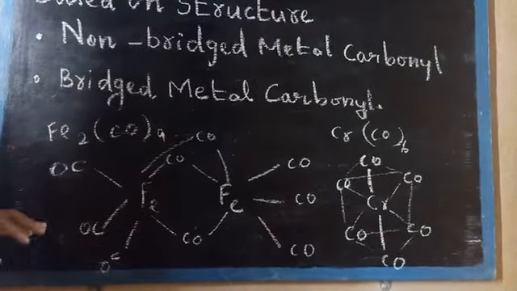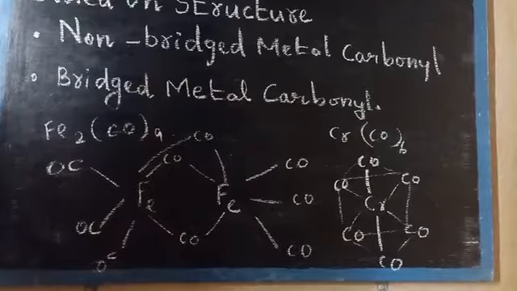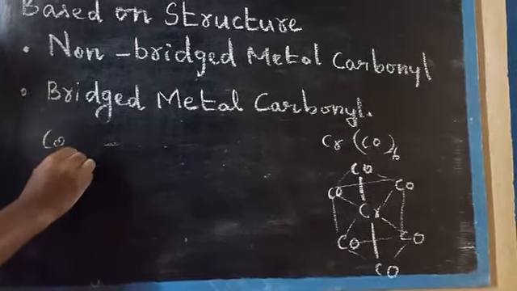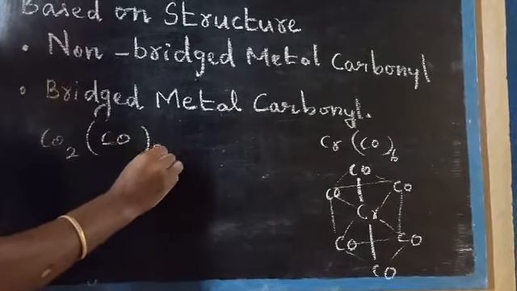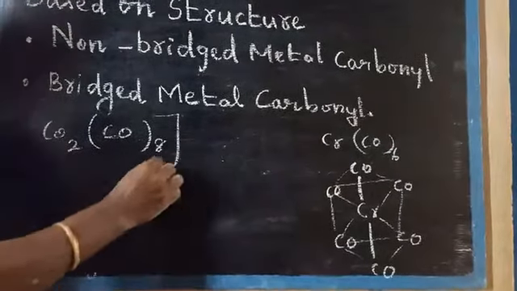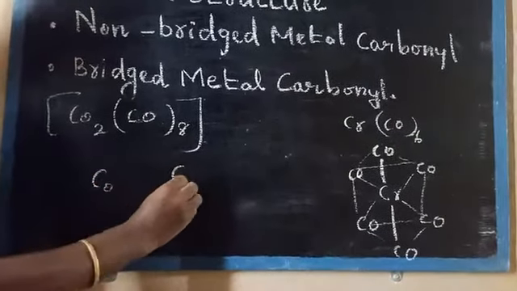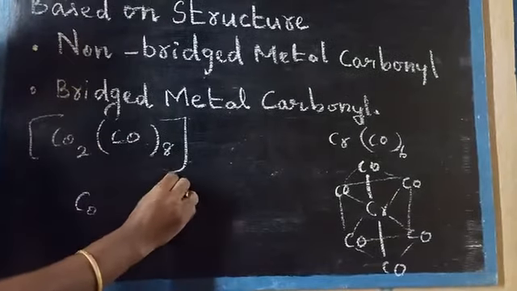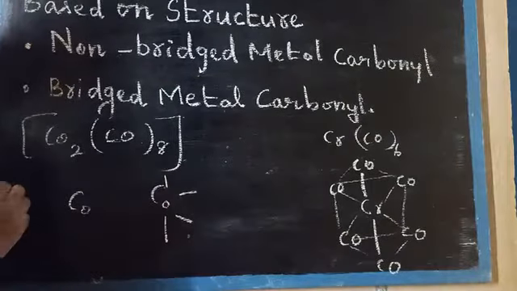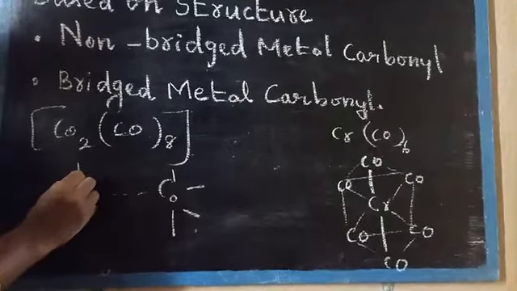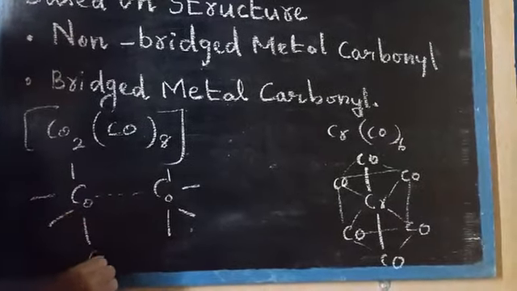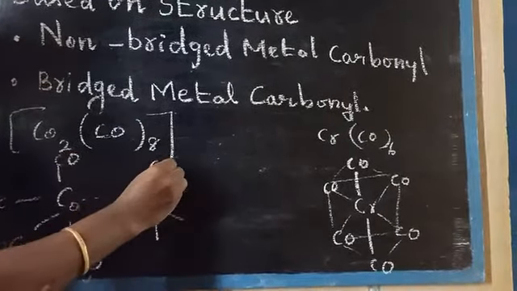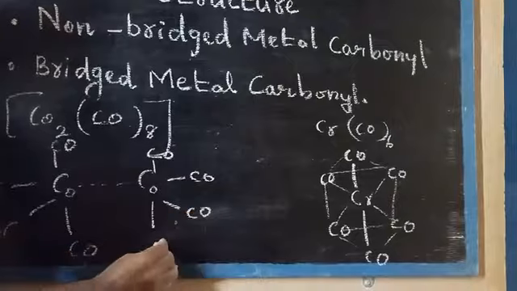Here also we give this example and see how many isomers are possible. See the next: Co2(CO)8, cobalt with CO eight times. Each cobalt has carbonyl groups, 1, 2, 3, 4, and there is a metal-metal bond.